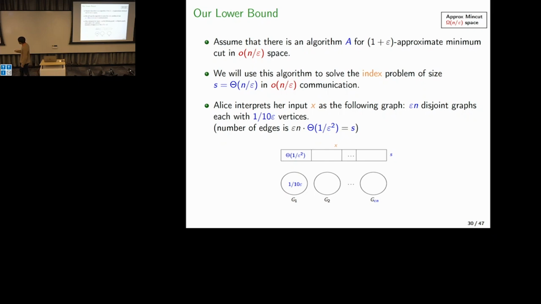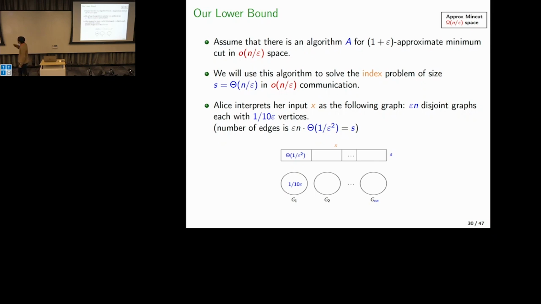It corresponds to a graph on 1 over 10 epsilon vertices, so the number of vertex pairs is roughly 1 over epsilon squared. This part of Alice's input tells what edges are present and what edges are absent. And you can do this epsilon n times. There are epsilon n such graphs, and epsilon n times 1 over epsilon squared gives you S exactly, which is n over epsilon. So this makes sense?